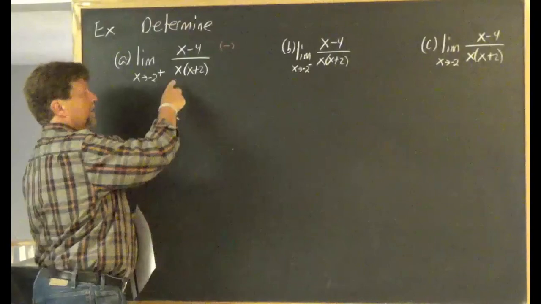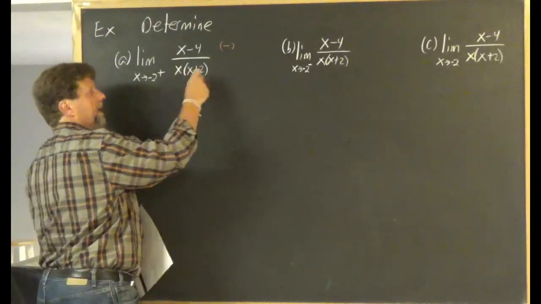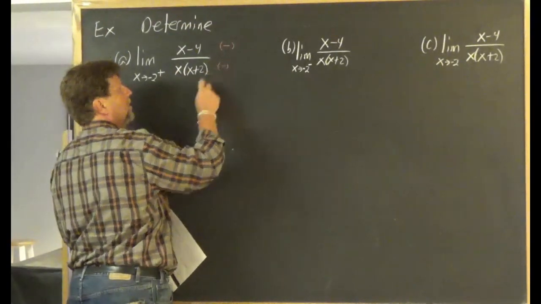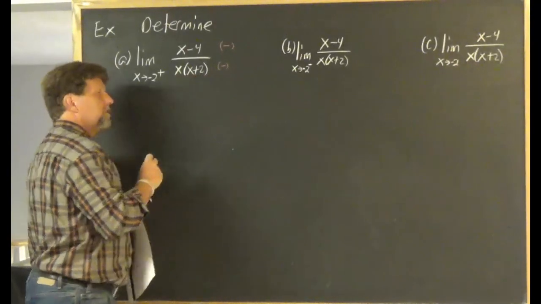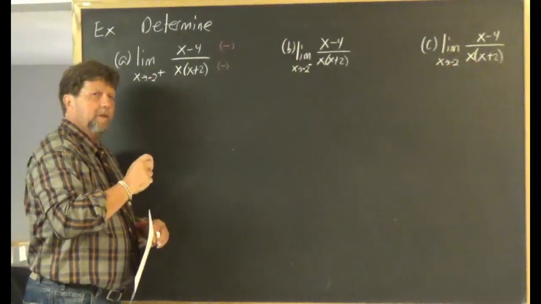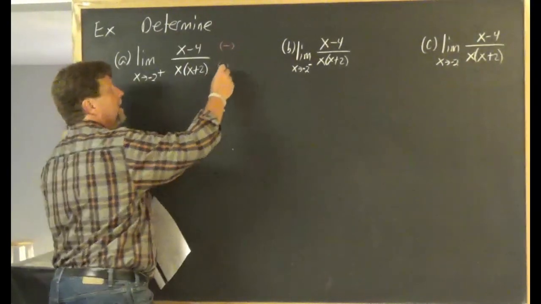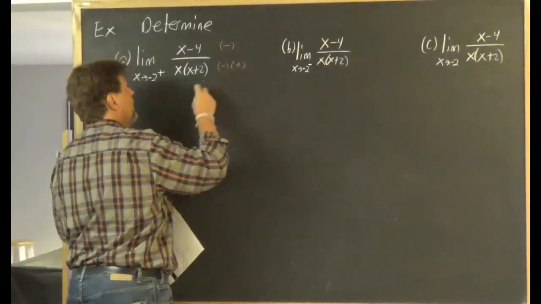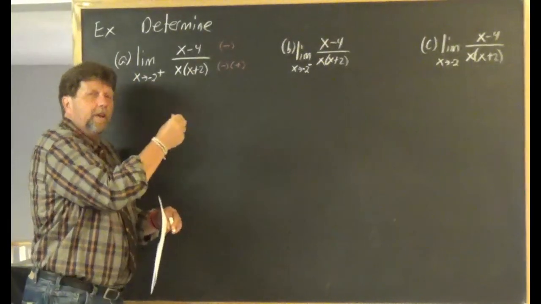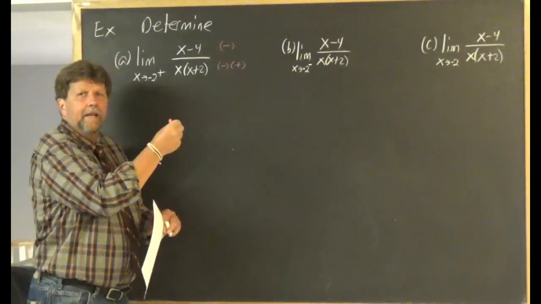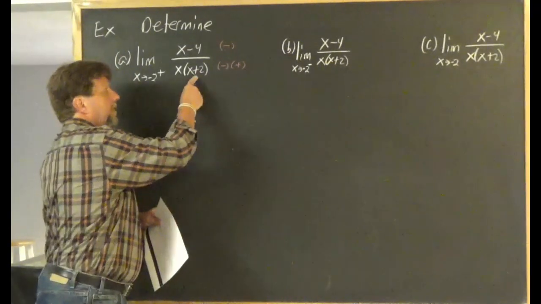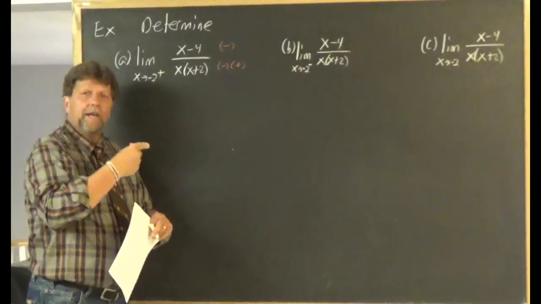The denominator, well, x would be a negative number. And x plus 2 would be a positive number. If you think of a number that's just a little bit larger than negative 2, say negative 1.9, that would be positive.